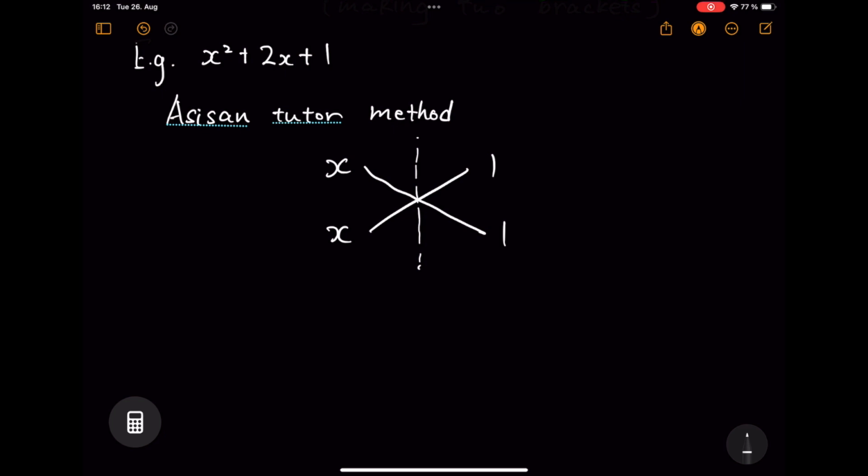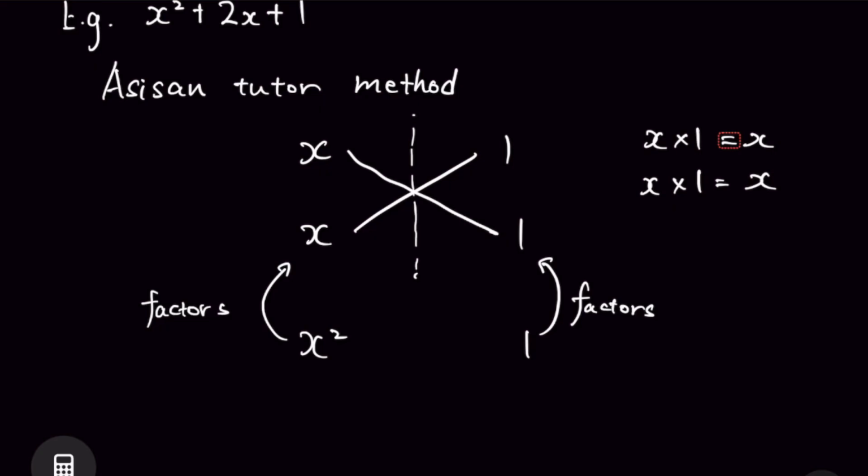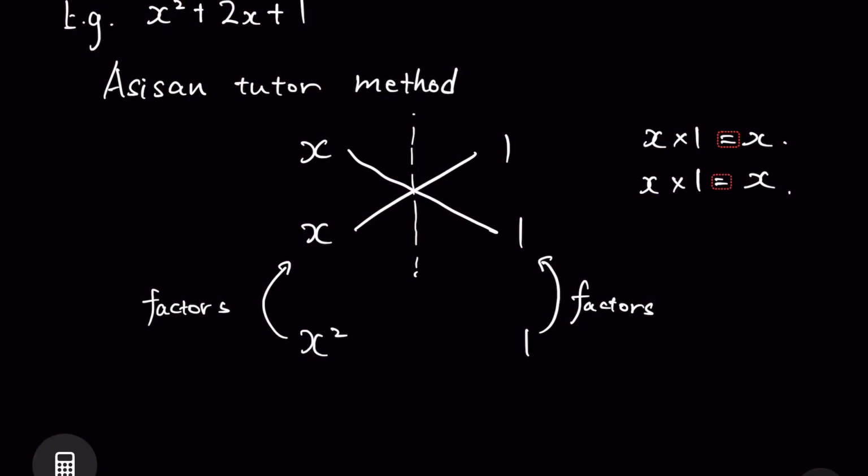Then on the left side, we write the factors of x squared, and on the right side we write the factors of c, which is 1, and we multiply diagonally, which is x times 1 and x times 1. Now we sum up the results, which is x and x, which gives 2x, and this 2x is the same as the middle of the equation, 2x, so it shows it's correct.